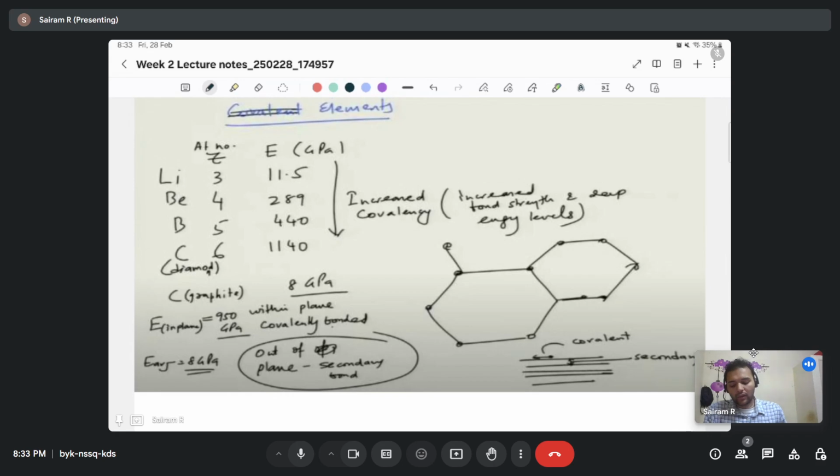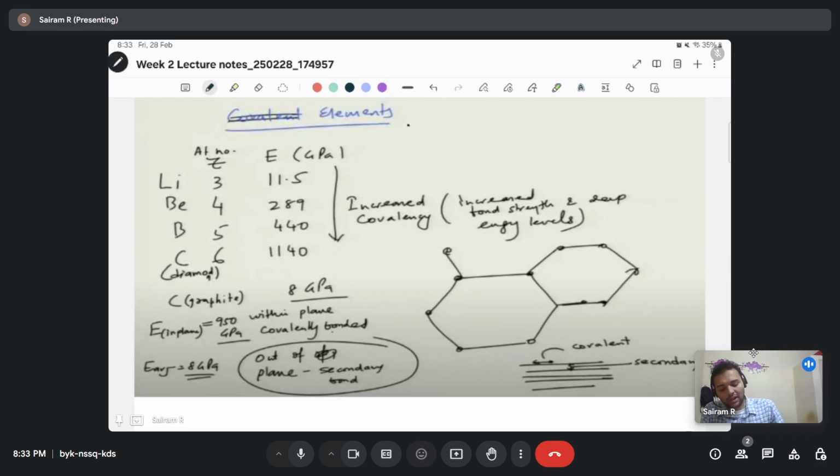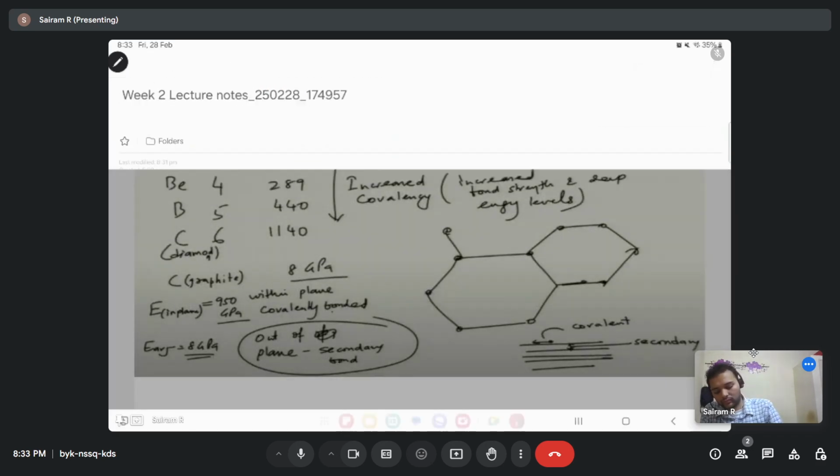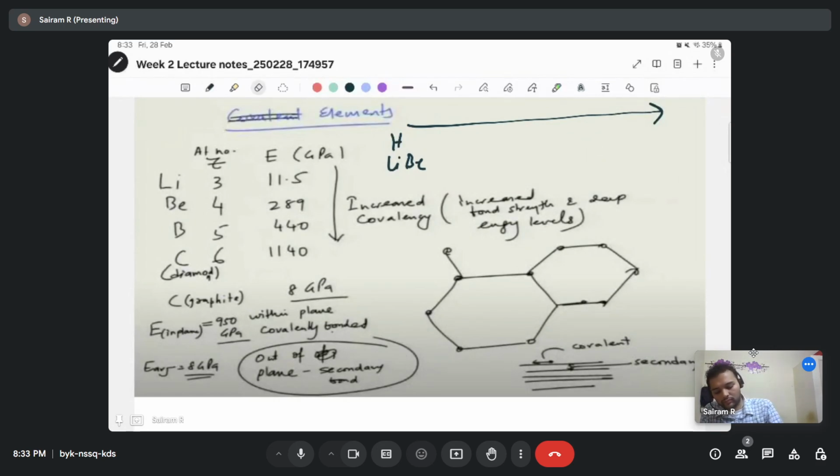As we can see here, when we go across the periodic table, say from hydrogen to helium to lithium, beryllium, boron, carbon, nitrogen, oxygen, fluorine, and finally neon, and then hydrogen, lithium, sodium.